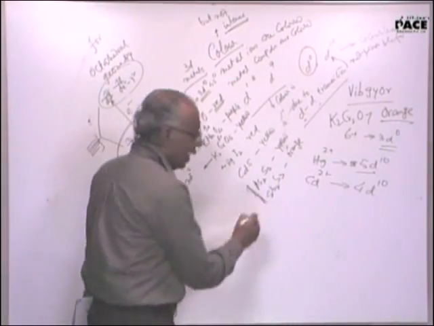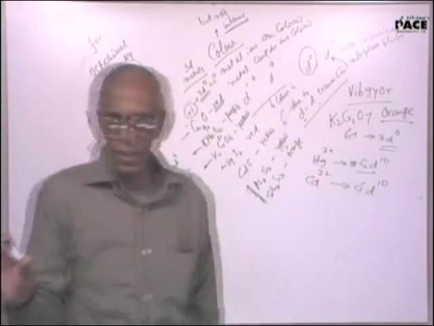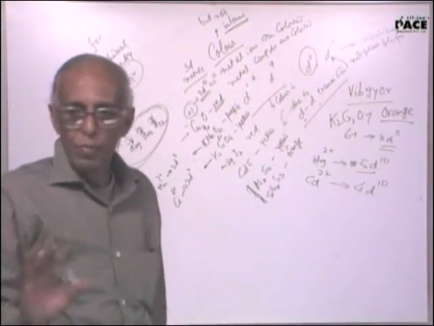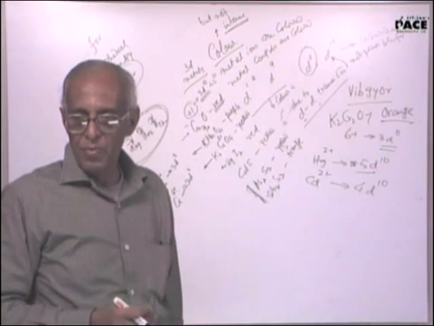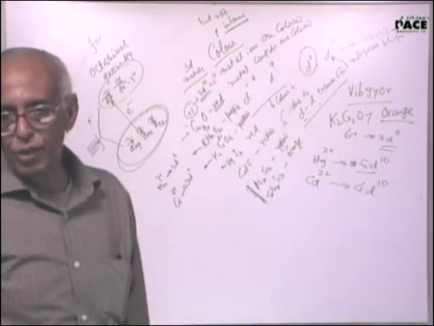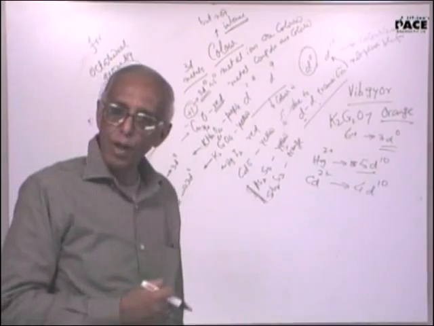There is no d orbital in arsenic and antimony. So they also show color. Antimony sulfide is orange, arsenic sulfide is yellow.